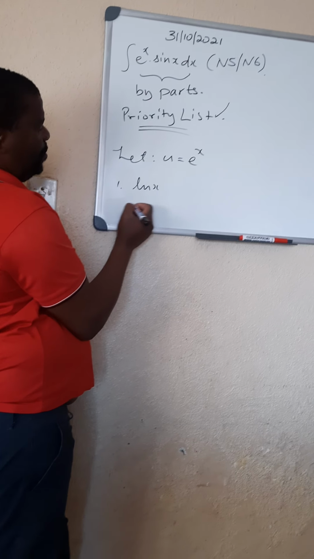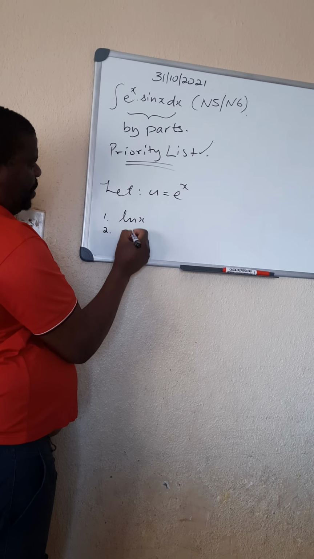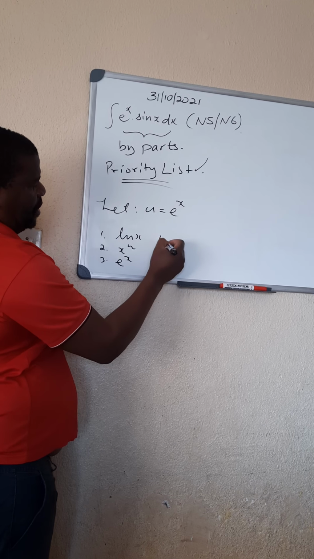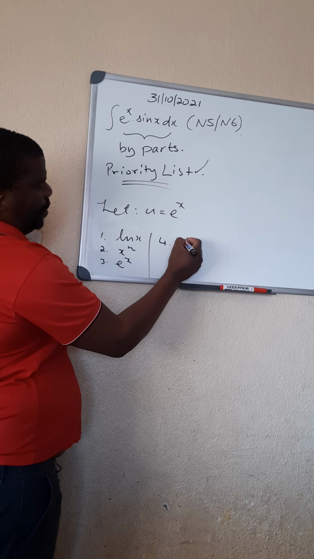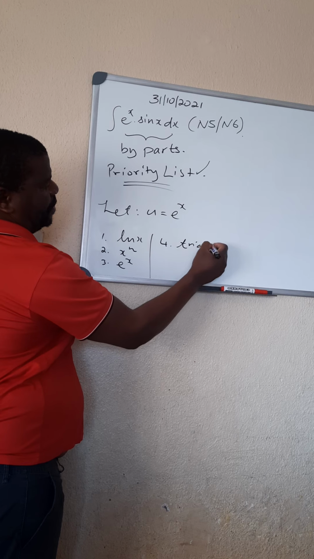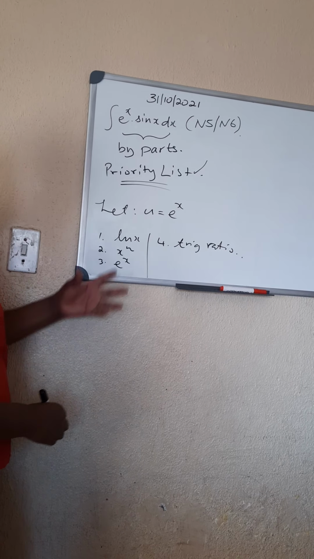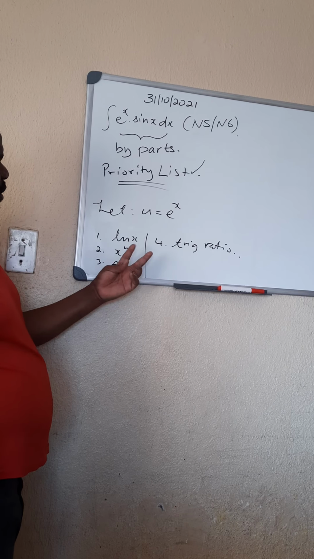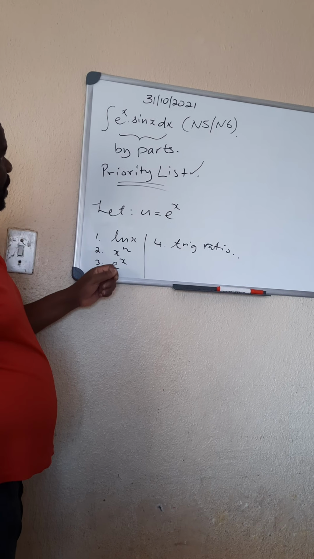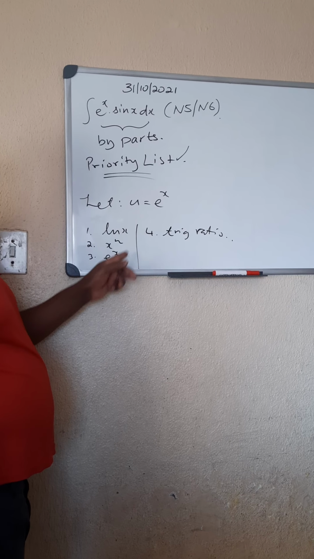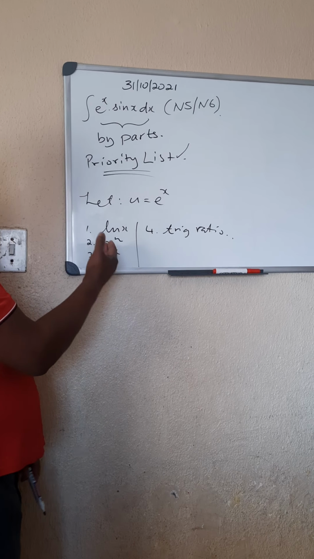where you have your ln x, you have your x to the n, you have your e to the x, and number 4, you have a trig ratio. That means that if you look into your product, the two parts of the product, if it does have any of these, then it means this should be prioritized as being u.